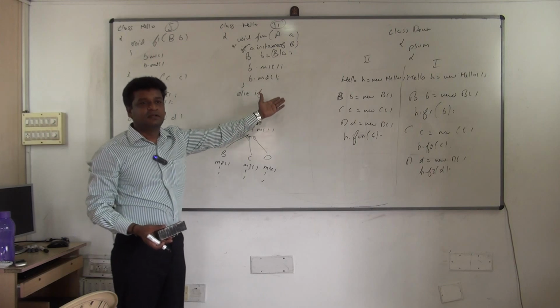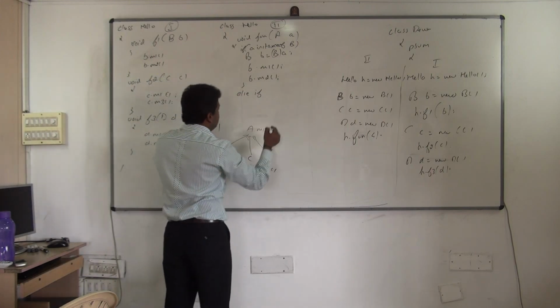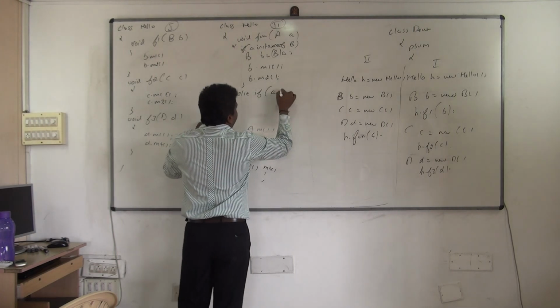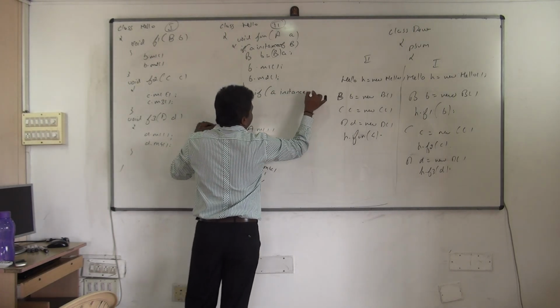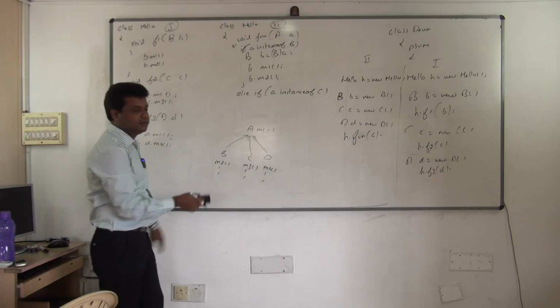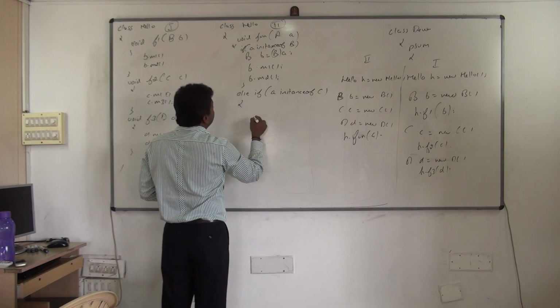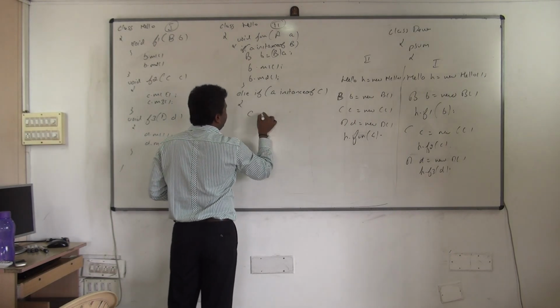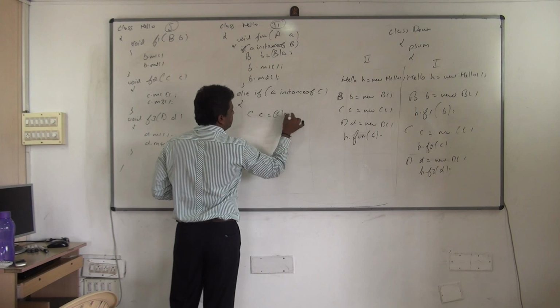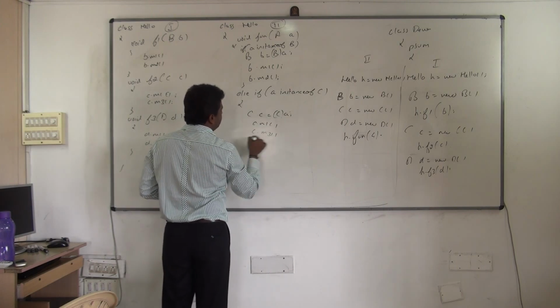There it was local scope, here it is in a different scope. So if, else if A instanceof C. I'll clear this. You know this hierarchy now? Else if A instanceof C, now you'll typecast A to C, and you can call C.m1, C.m3.